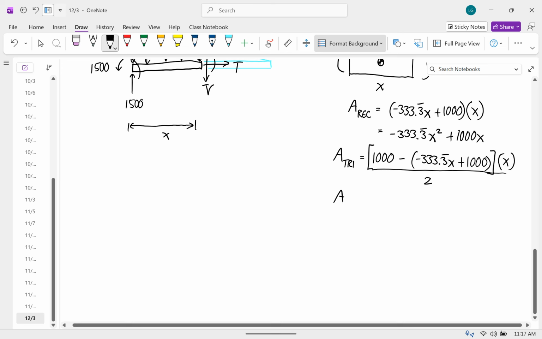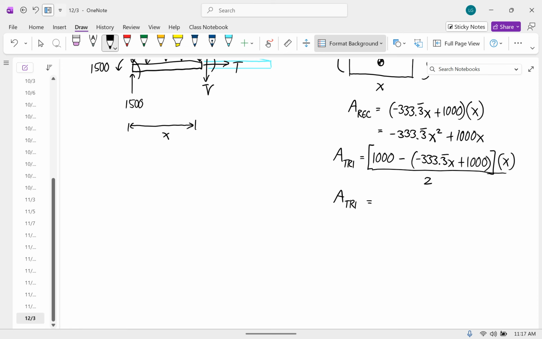And so the area of this triangle is, the 1,000s cancel out, and you just get positive 166.6 repeating x squared.